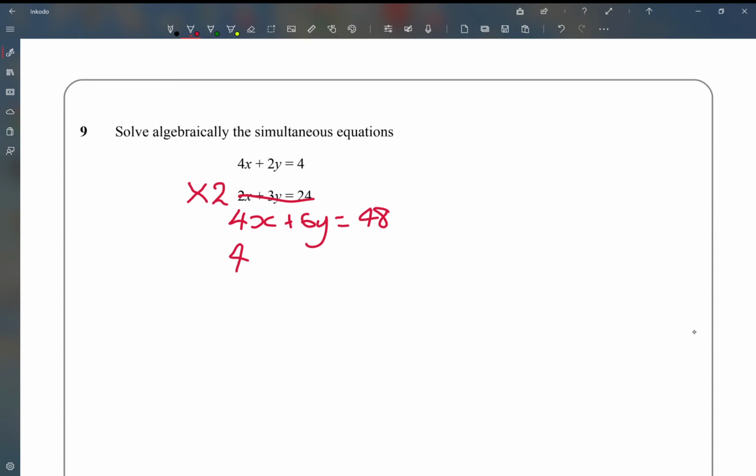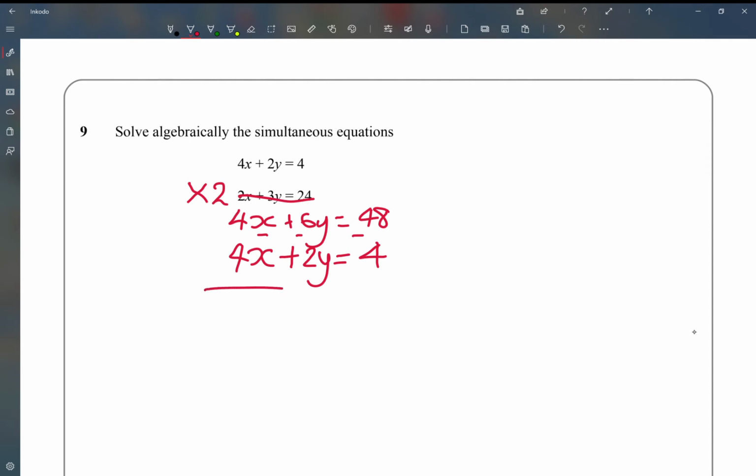The x's are now the same value, and we've only got one that is different. So 4x plus 2y, so I've just rewritten this out because what I need to do, the x values are both positive, so you need to take this equation away from this equation, the second one away from the first one.